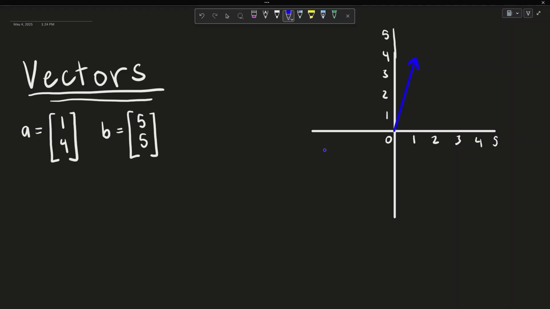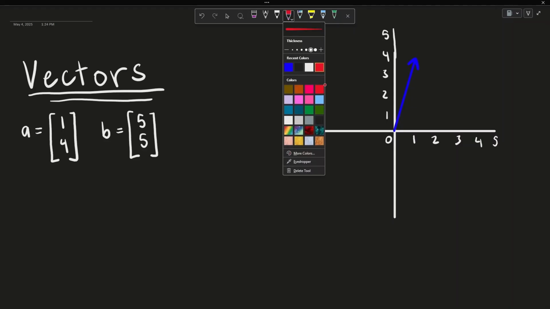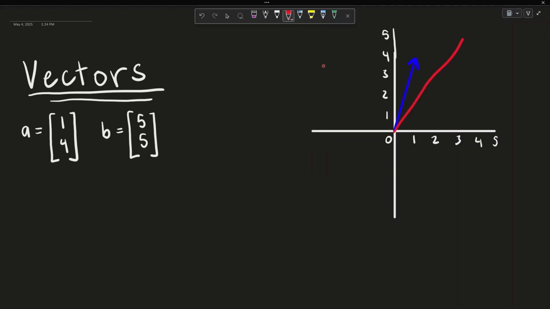So the vector points in this direction, and it has this length. If we start with vector B now, which we'll draw in red, we'll observe that it's at (5, 5). So the x-coordinate is here at 5, and the y-coordinate is here at 5. So we'll have a vector that looks something like this.